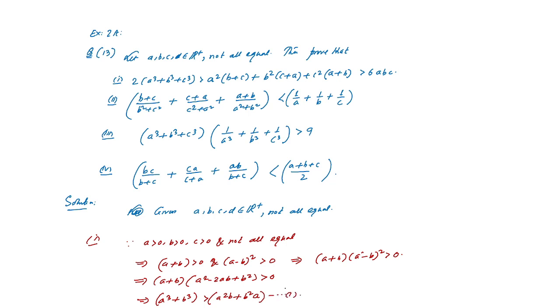And in the same way, if we take AC and BC, what will we get? Similarly, we can prove b cube plus c cube is greater than b square c plus c square b. This is 2. And c cube plus a cube is also greater than a square c plus c square a.